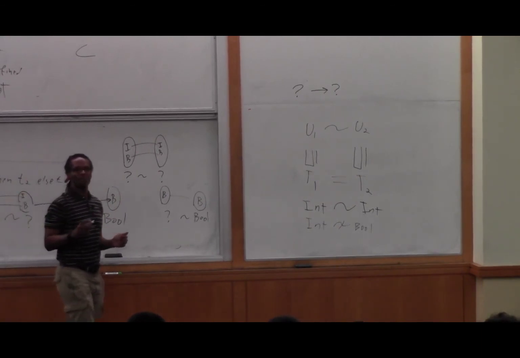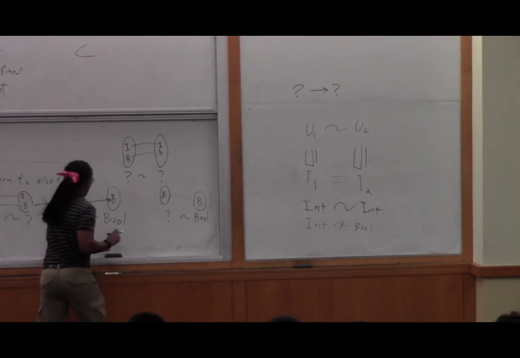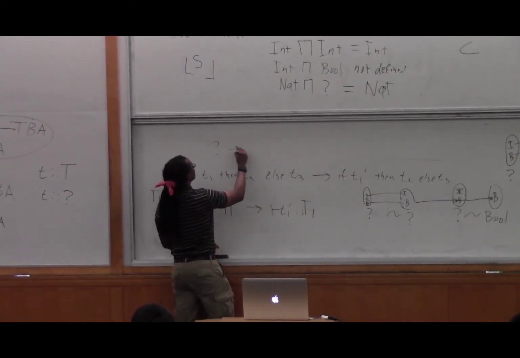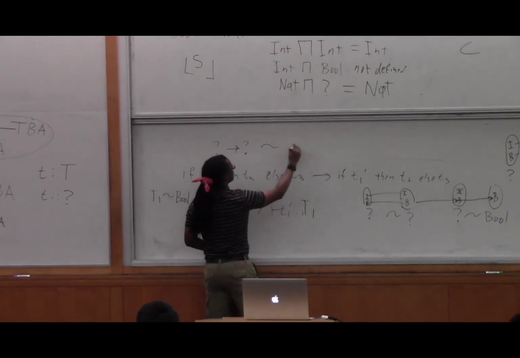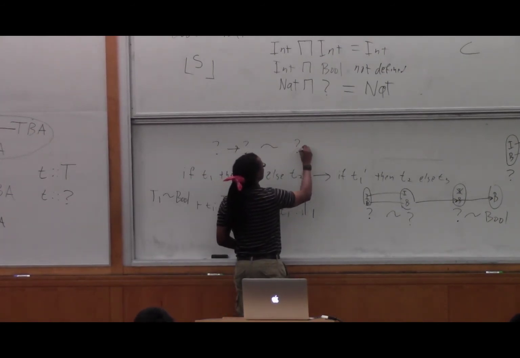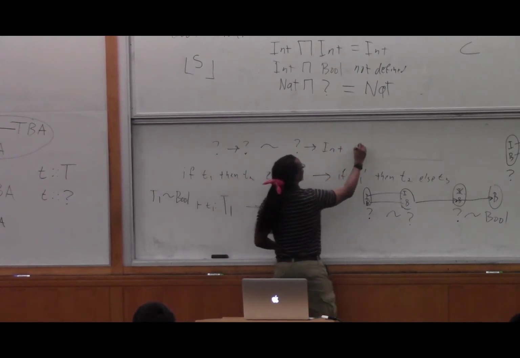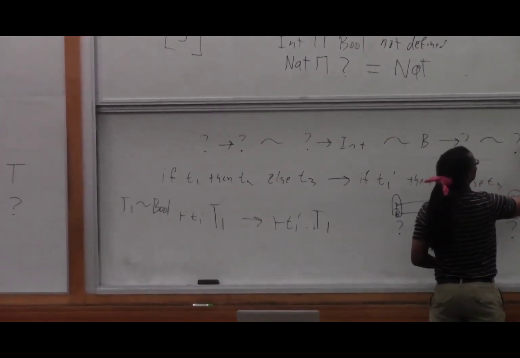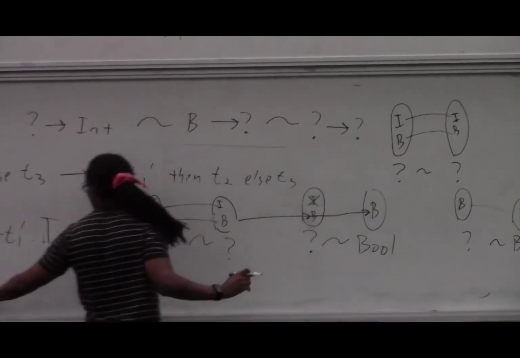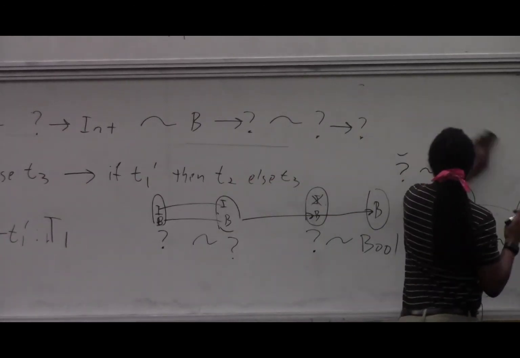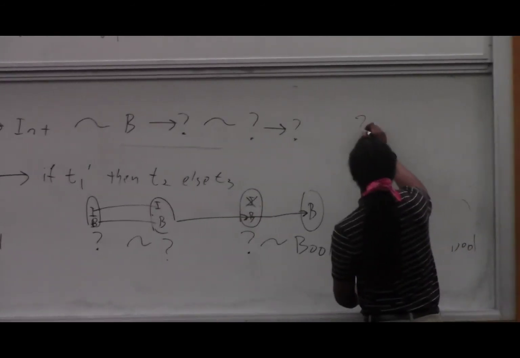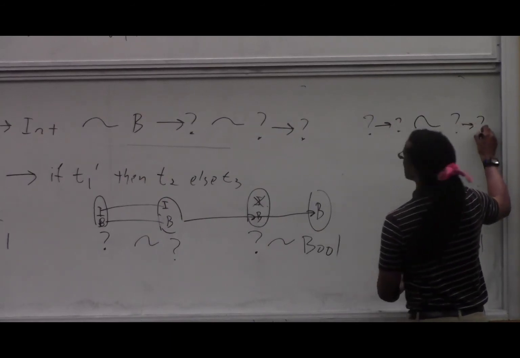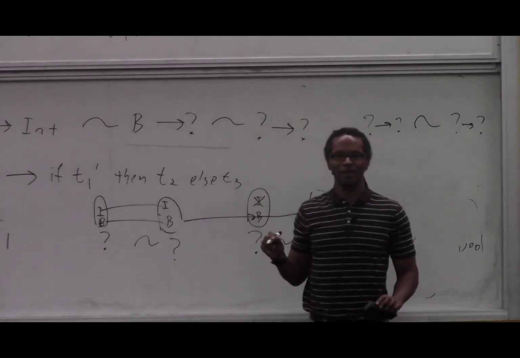At some point I could basically boil down to the idea that if I went from question mark, arrow, question mark, and then am consistent with question mark, arrow, int, is consistent with bool, arrow, question mark, is consistent with question mark, arrow, question mark, then the question I have is, at the end of the day, can I justify that question mark, arrow, question mark is consistent with question mark, arrow, question mark after all of these steps of reasoning?